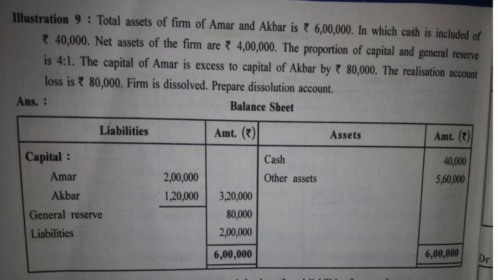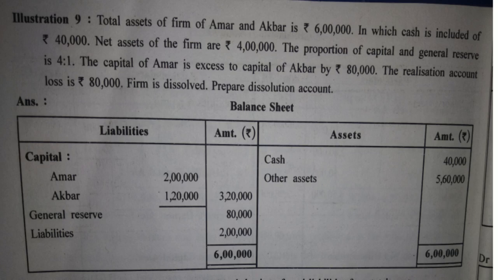Yes, what is the position of assets, what is the position of liabilities, etc. So that thing is presented in the form of a paragraph here. Alright? So they say the total assets of the firm of Amar and Akbar is 6 lakh and the cash is 40,000 in it. So what are the remaining assets? It is 5,60,000.